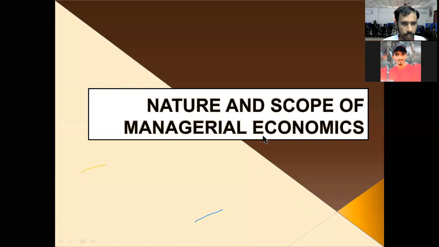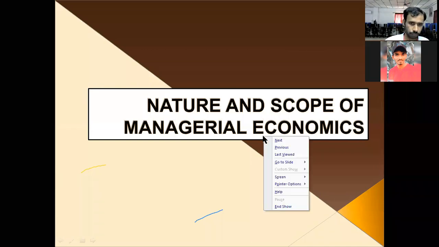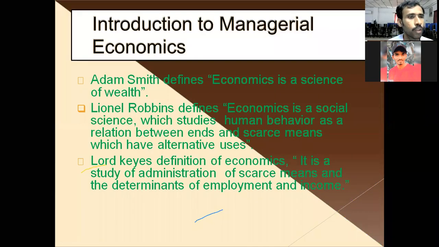Well, I'll start my session now. You can see some 3 definitions here. You can see my presentation. My presentation slide comprises 3 definitions related to economics. The first definition is proposed by Adam Smith, who is called the father of economics. Adam Smith has quoted economics in a single sentence: economics is a science of wealth.